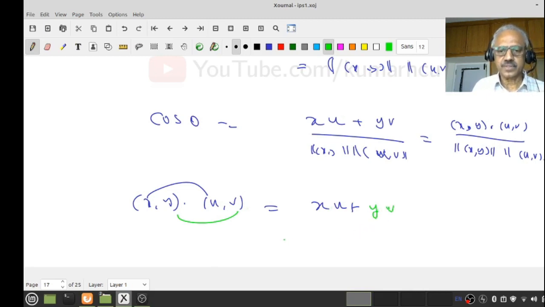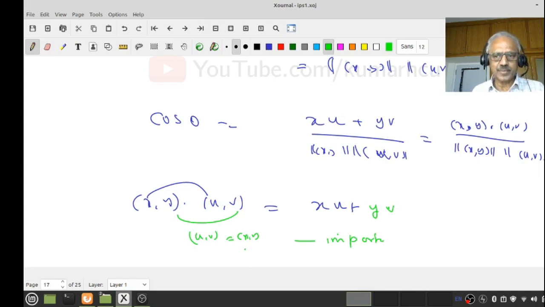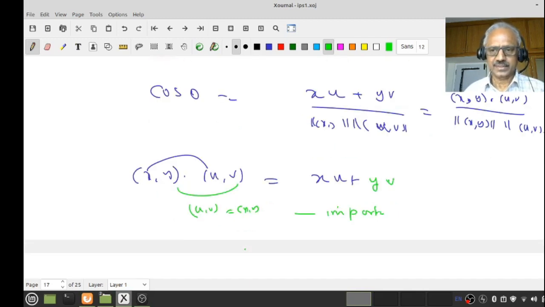This is important. Why? Because if I take (u, v) equal to (x, y), then I get the length squared of the vector (x, y), and when I take them distinct, then I get the angle between them. Do you follow that?